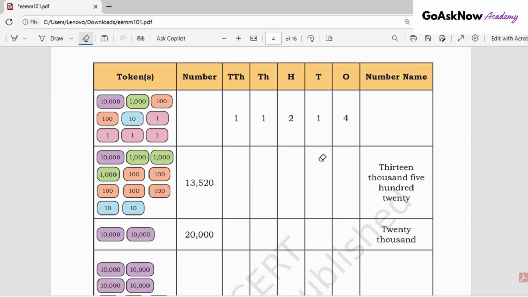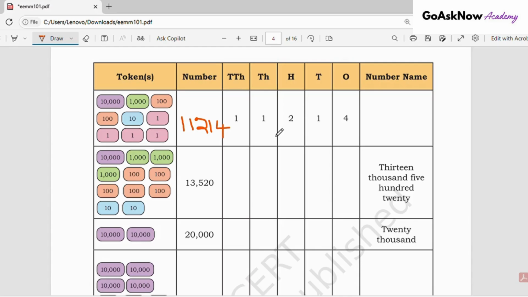Here are some examples. We can work on them. Let us write the numbers from the given tokens. 10,000 is 1, then 1,000 is 1, 100 is given twice, so 2, tens is given once, then ones is given four times.